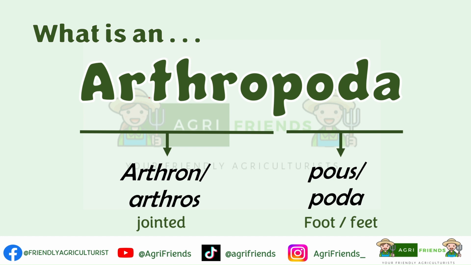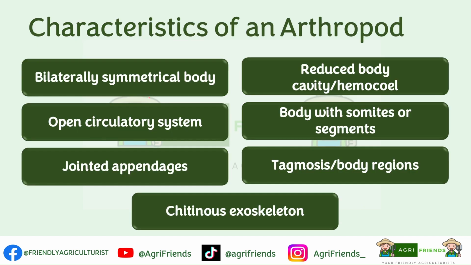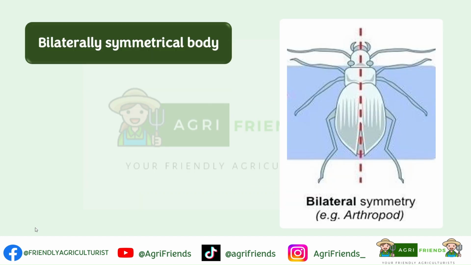But there are other characteristics of an arthropod, and we are going to discuss each character in the following slides. Bilaterally symmetrical body. First, let's define what is symmetry. Symmetry refers to the balance of parts with the opposite side when you divide it from the center or a certain axis.